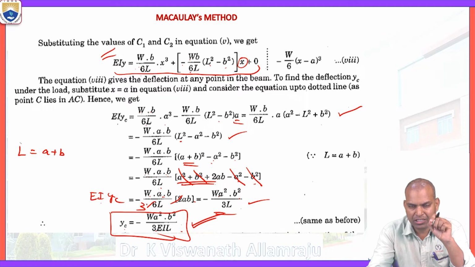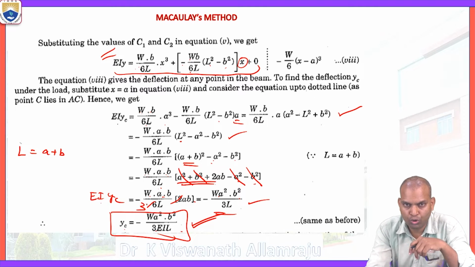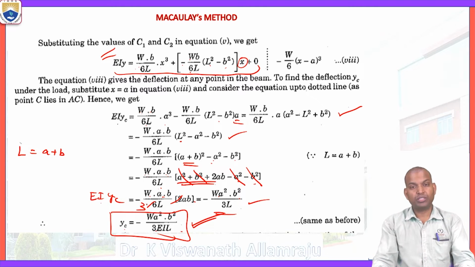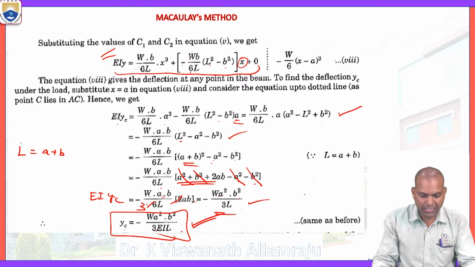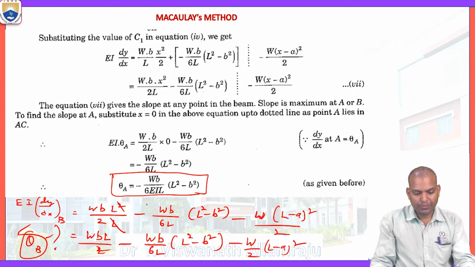If you don't get that equation, you cannot apply it throughout the span of the beam. So we have to consider the section of the beam in such a way that the effect of bending moment, deflection and slope can be calculated throughout the span of the beam. As we have considered here, what is the meaning? Let me explain here.